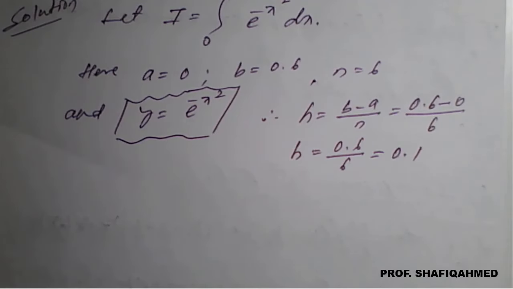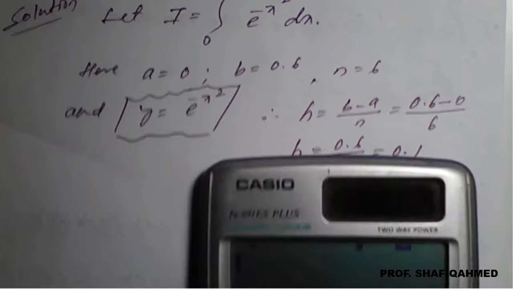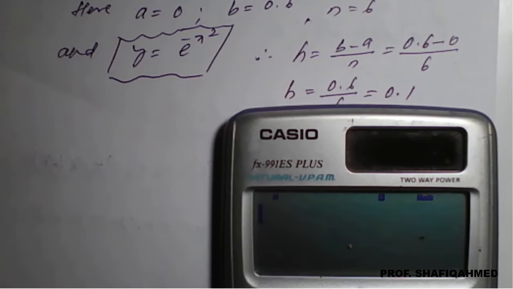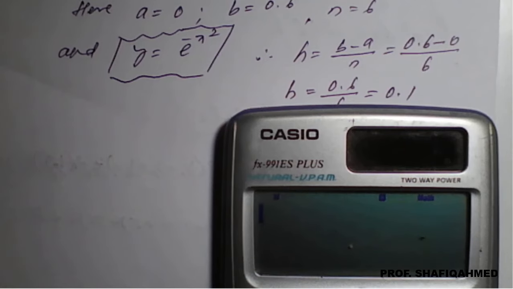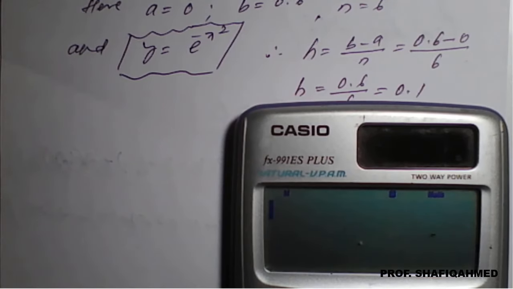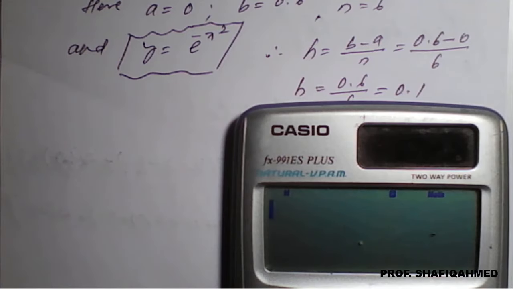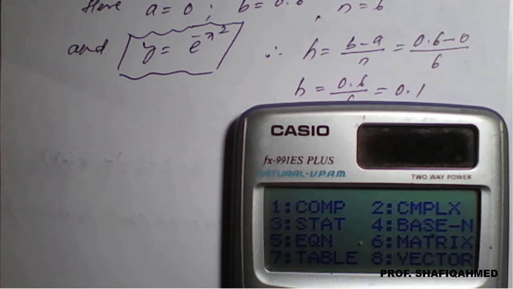For the table, I want to work it out by using the calculator, so just concentrate, all of you. We prepare this equation in the calculator: go for mode table, that is option 7.